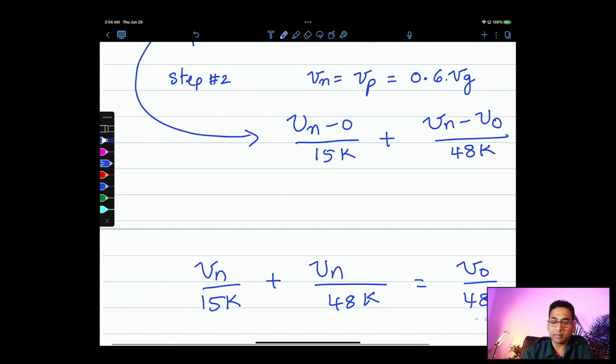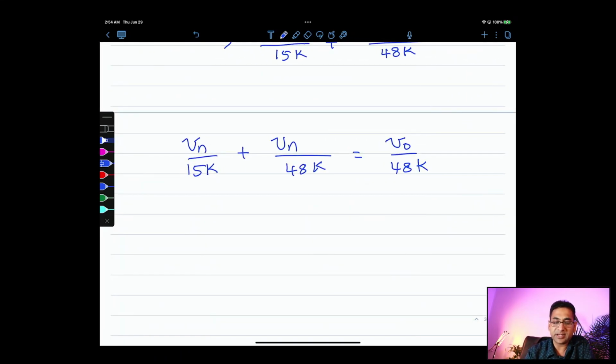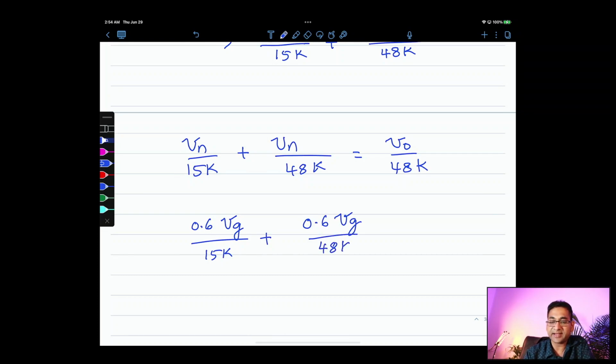So plug that in there: 0.6 Vg over 15k plus 0.6 Vg over 48k equals Vo over 48k.